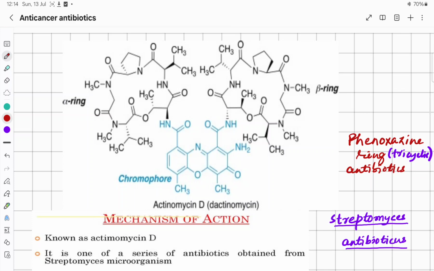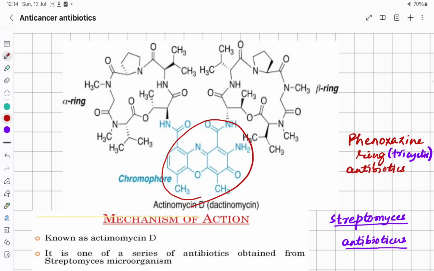One of the first antibiotics against cancer is actinomycin D or dactinomycin, and the chromophore is this phenoxyazine ring, which is a tricyclic ring.